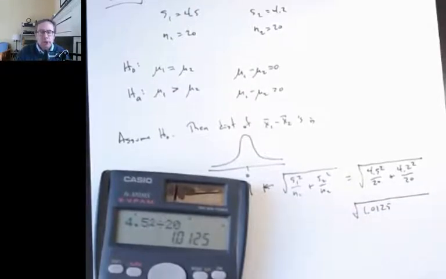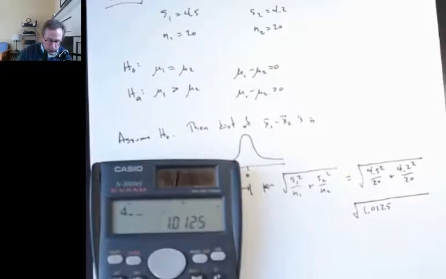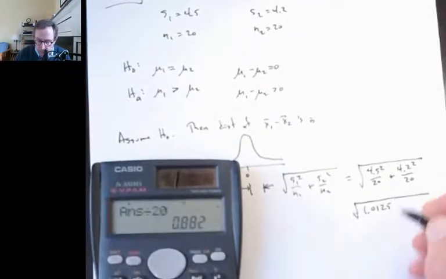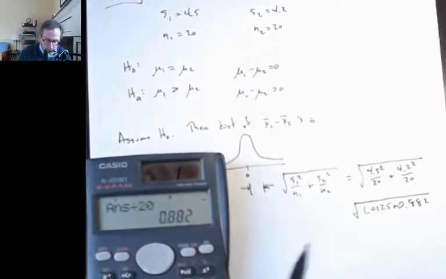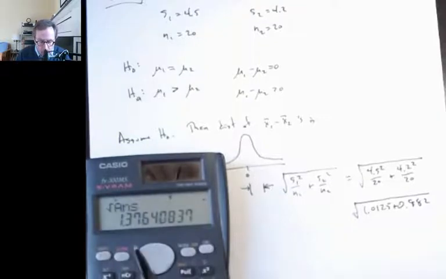And 4.2 squared over 20 is 0.882. Add them together, take the square root, see what happens. 0.882 plus 1.0125 equals, take the square root, equals, and I got 1.38.